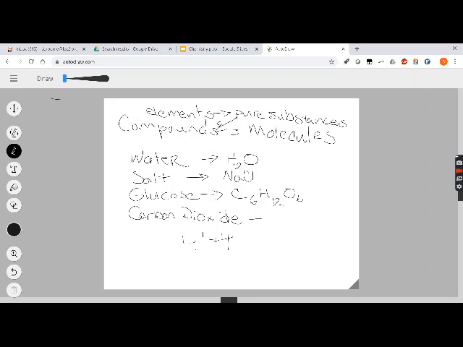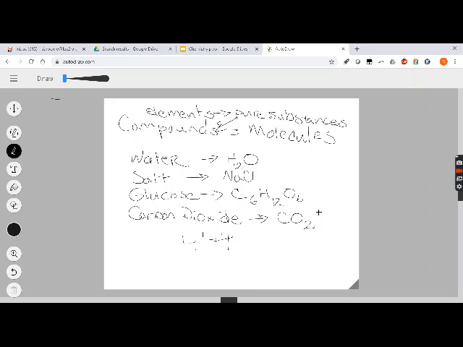Okay, carbon dioxide. Any of y'all remember that? We know it's got carbon. We know it's got oxygen. Let me do something real quick. I wrote that a little too... There we go. It is actually CO2.